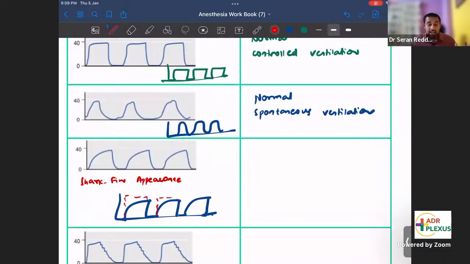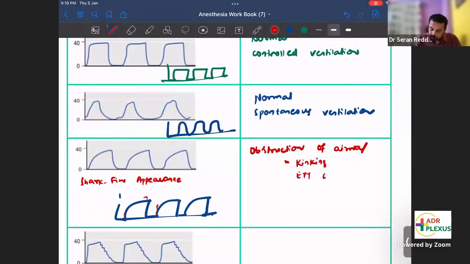This is due to obstruction of the airway, either kinking or endotracheal tube obstruction, or in obstructive lung diseases like COPD and asthma.